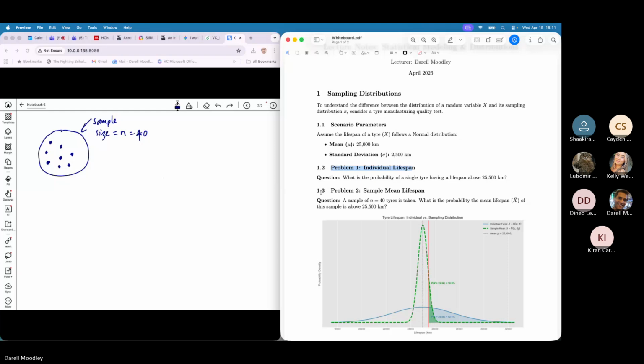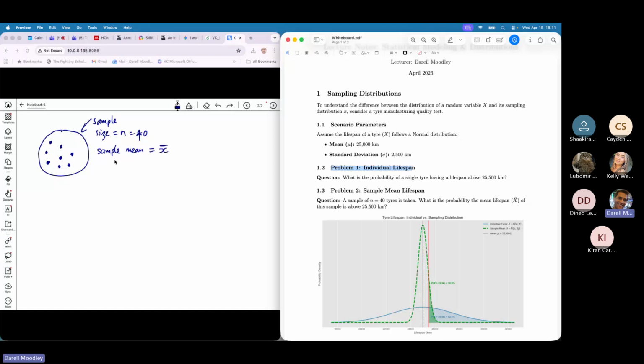But now instead of looking at an individual tire, the question is, based on the sample, there's an average for the sample. If you look at all 40 tires, add up their lifespan and divide it by 40, you'll get an average. That's the sample average. The sample average, or the sample mean, same thing, is represented by x bar.